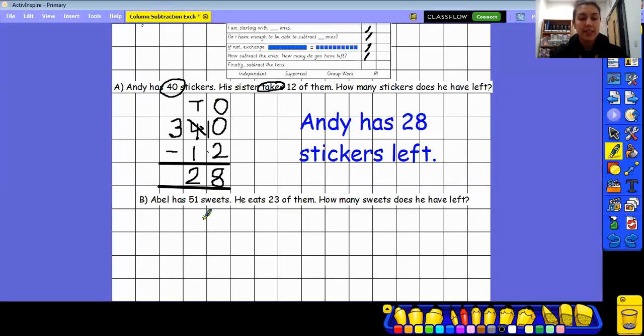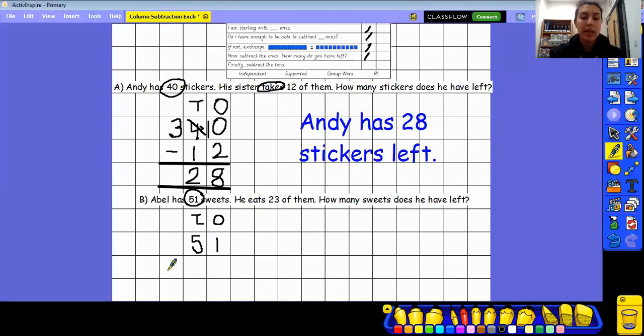So I need to start with my tens column and my ones column. I need to write my starting number, 51, on the top. 5 tens, 1 one. And we decided that he eats them, so they're getting smaller.